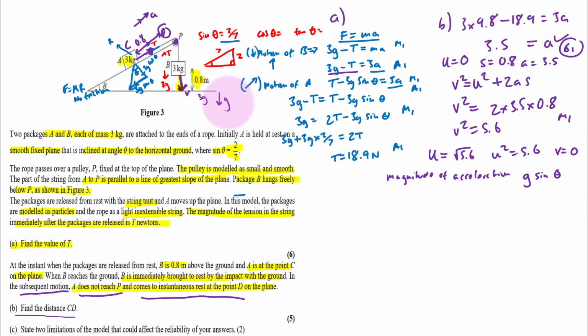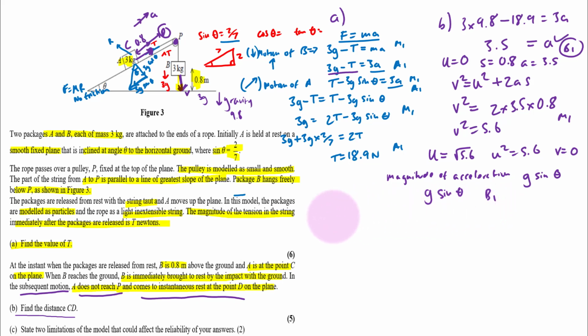So if g is acting down like so, this movement here is related to g, just gravity on its own, which is 9.8, because that direction is sine theta, so that magnitude is g sine theta. And I hope that bit makes sense, and just recognizing that will give you an extra mark.